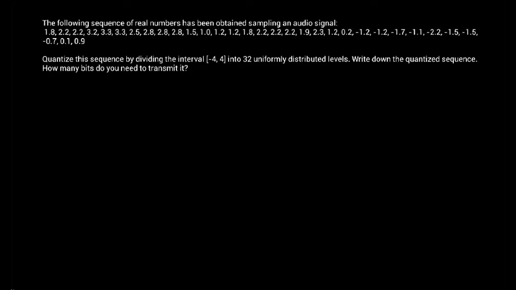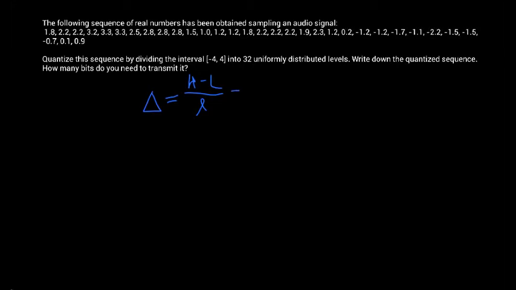And since we know the quantization is uniformly distributed, we can use the equation delta equals the highest value in our interval minus the lowest, all over the total number of levels, to find the step size of each of our levels.